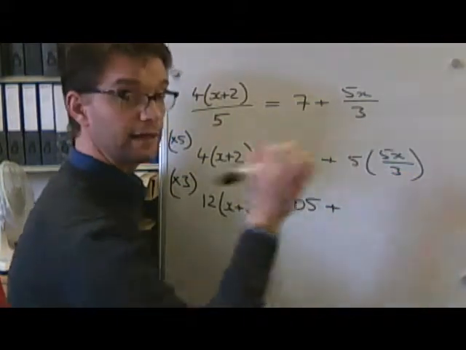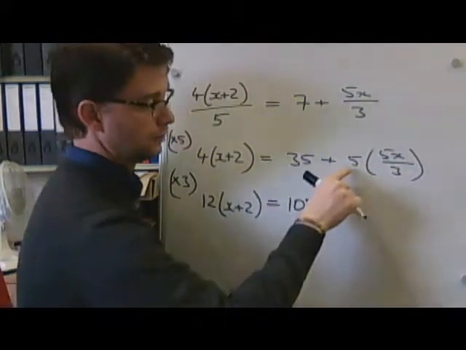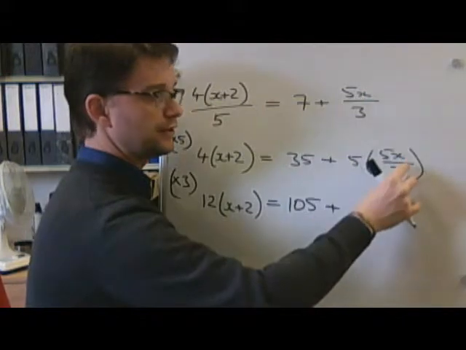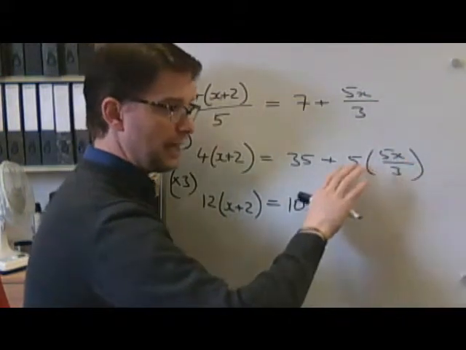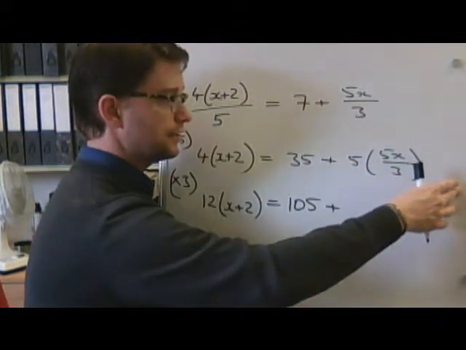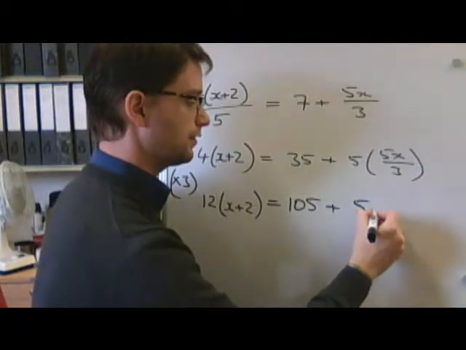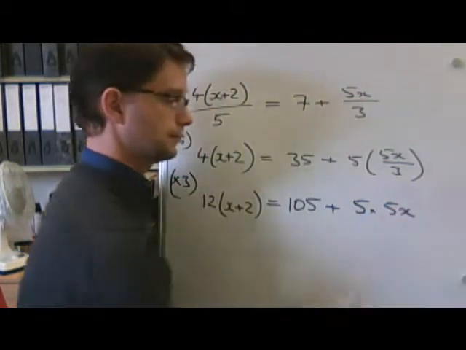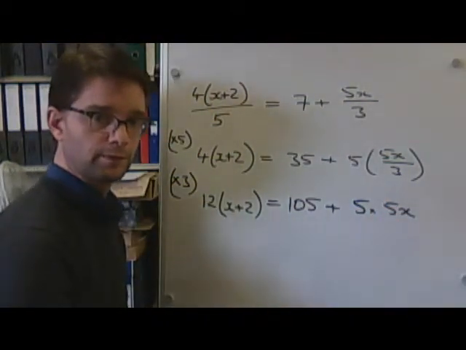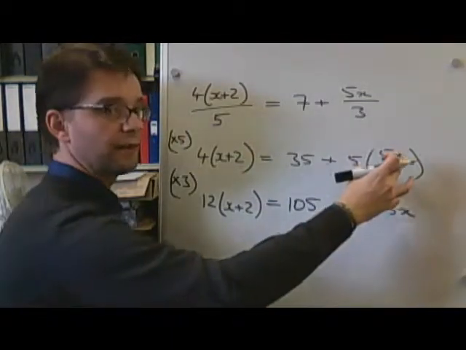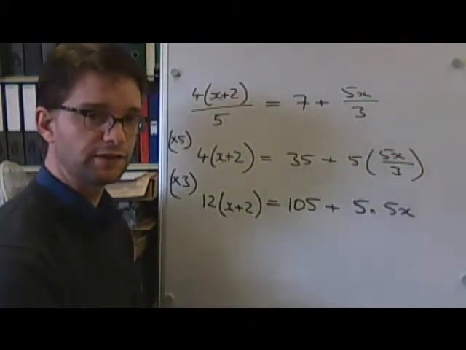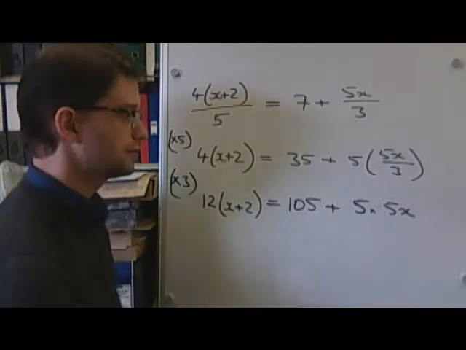Multiply this by 3, now be careful. 5 lots of 5x divided by 3. Everything is divided by 3 here, so all I'm going to end up with is 5 lots of 5x. I'll pull that specific bit out and say something more about it in a moment.